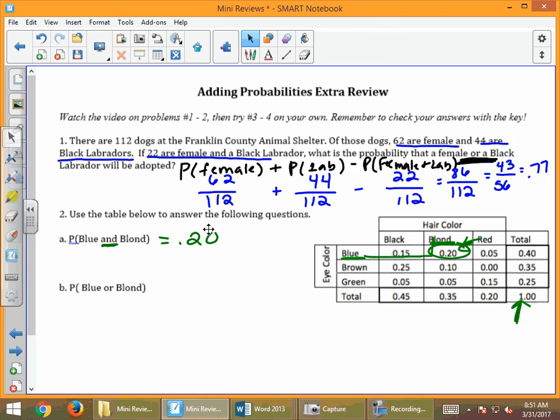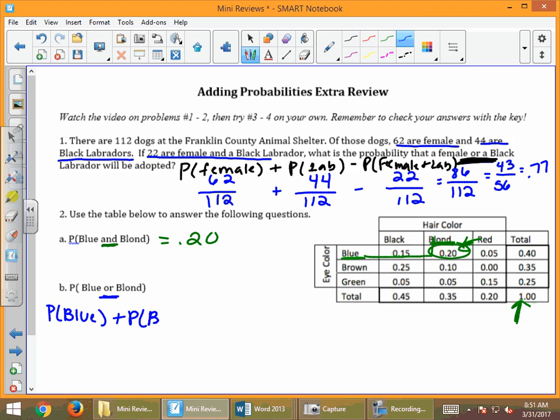If we look at B, it says blue or blonde hair. So that's where we have to use that formula, which is the probability of the first plus the probability of the second minus the probability of both, blue and blonde. Use that formula every single time whenever you see the word or.